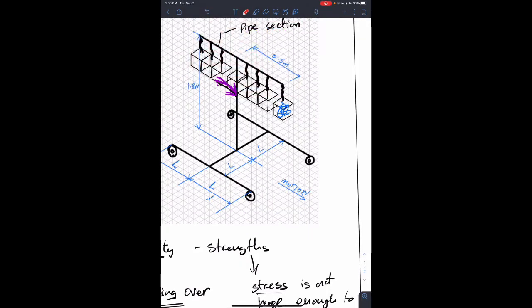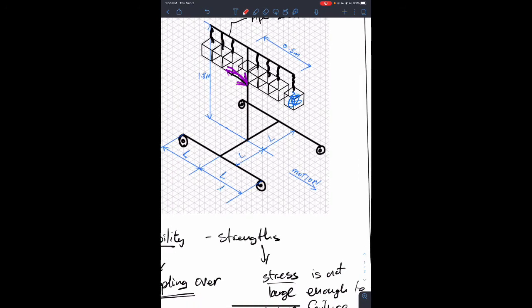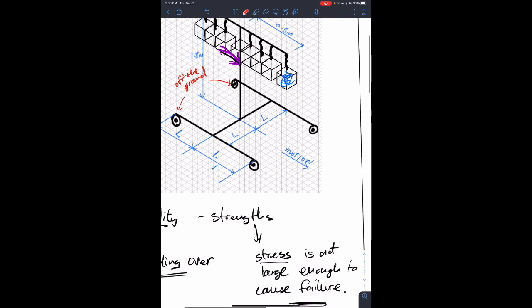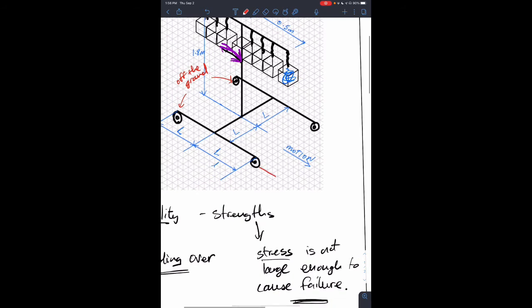We are saying that the rear wheels are up, so it's about to tip over. So these two rear wheels are off the ground. That means we have the friction force opposing, applying in this direction. So that's F. And then we have the reaction force.